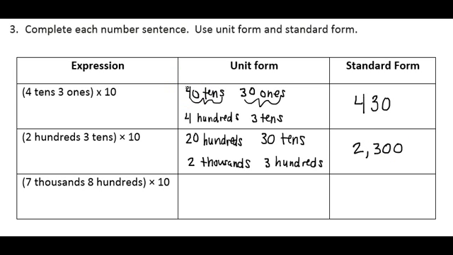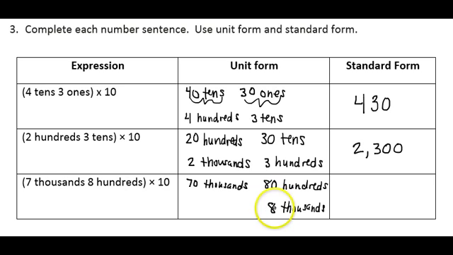In the next problem, I have 7 thousands and 8 hundreds. I'll multiply those by 10. Well, 10 times 7 is 70, so I'll have 70 thousands. 10 times 8 is 80, so I would have 80 hundreds. Well, 80 hundreds is the same thing as 8 thousands. It takes 10 hundreds to equal 1,000.